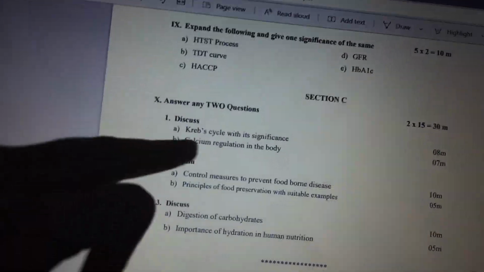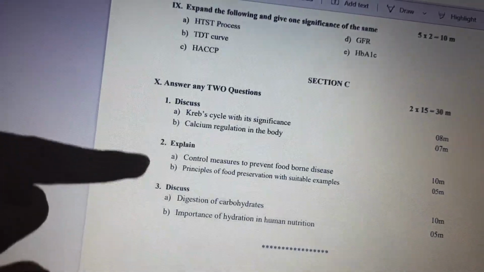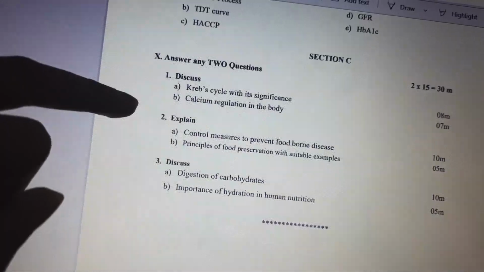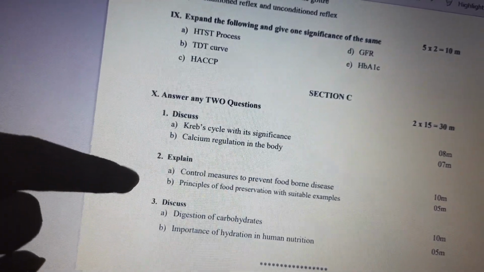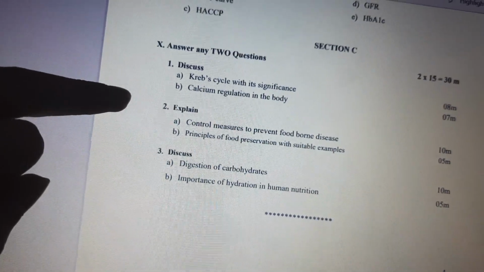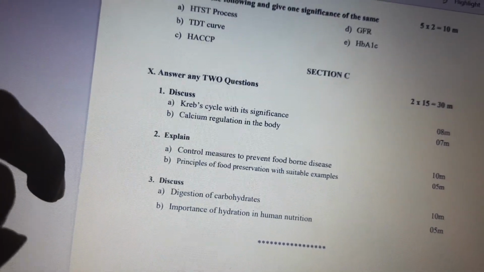So see the Krebs cycle with its significance. It's an important question, biochemistry. So you see how important biochemistry is. So this is the pattern of paper 1.